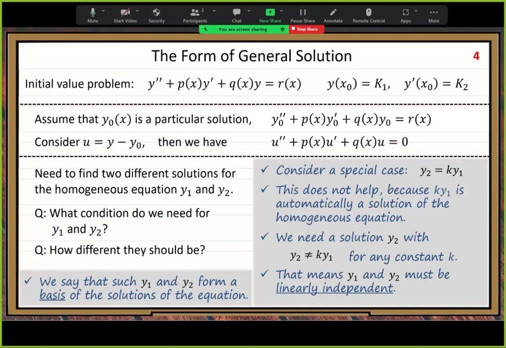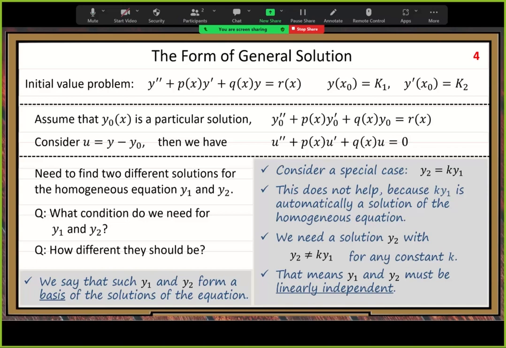All right, consider special case. Before I explore the special property of y1, y2, first I want to let you think about if y2 equals a constant multiple of y1. K is a constant. So y2 equals a constant multiple of y1, what would happen?